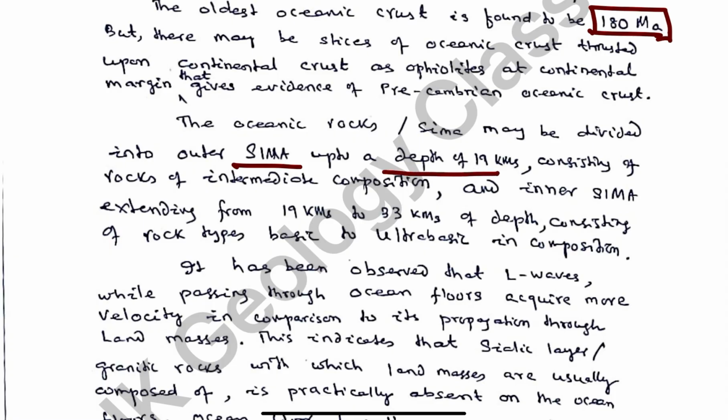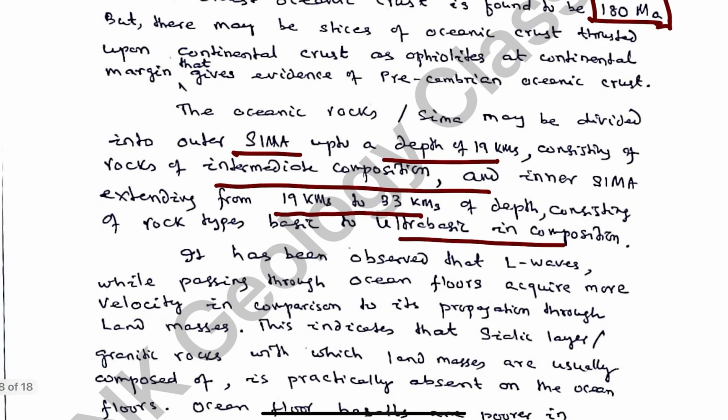One layer goes up to a depth of 19 kilometers, consisting of intermediate igneous rocks, and the lower one extends from 19 kilometers to 33 kilometers, which is made up of ultra basic rocks.